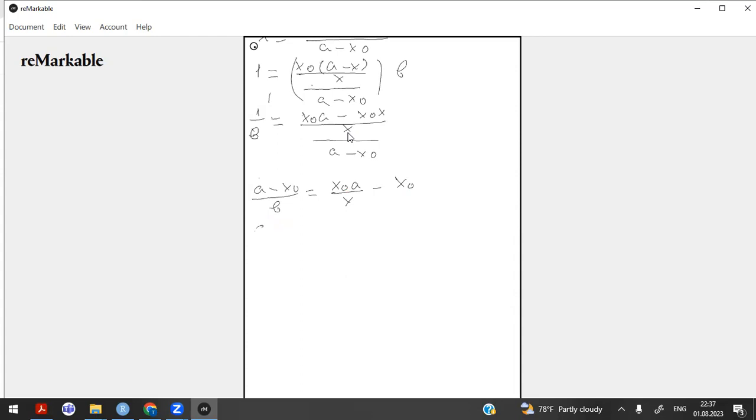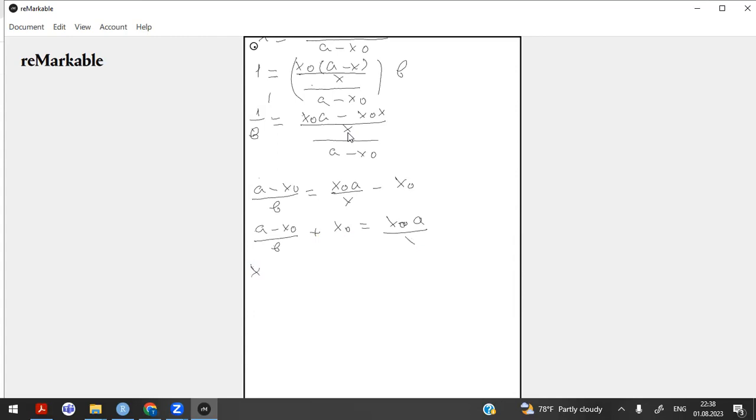We write a minus x0 divided by b plus x0 equals x0 a divided by x. Okay. So now we can multiply both sides by x.